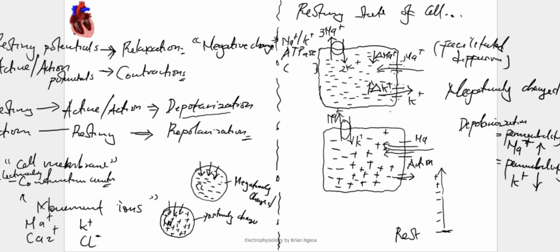So for example, this is just an example. In the resting phase, the cardiac muscle is normally at around -80. So as you retain more potassium, as you absorb more sodium, we will move up the ladder.